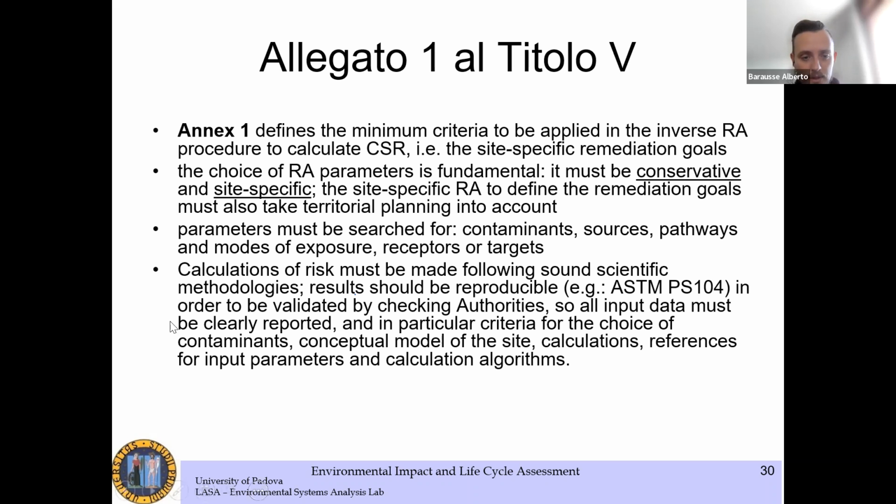And of course, the calculation of risk must be made following sound scientific methodologies. So what is a sound scientific methodology? Results, for example, should be reproducible. So you should explain the methodology that you have used, the values of the parameters that you have used, the assumptions that you have made, and references for the models that you have used, and so on, just like in a scientific paper.